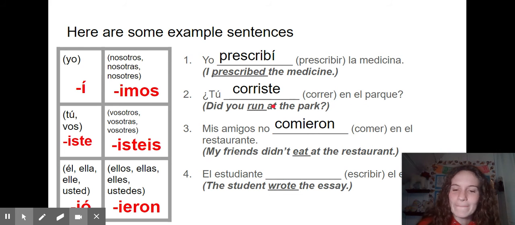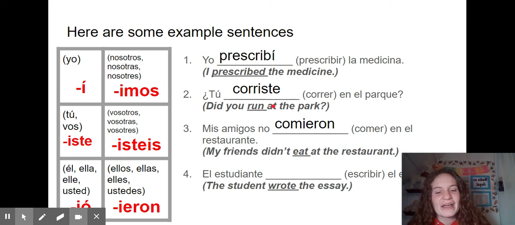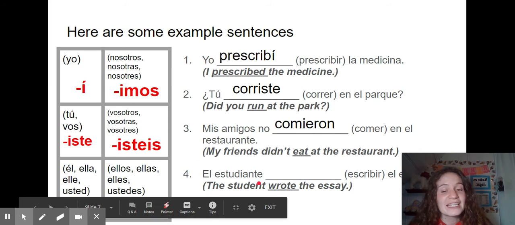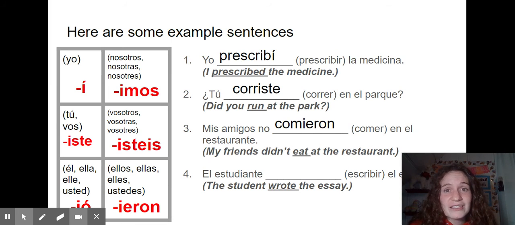And last one, number four, we have the subject, el estudiante. So that's the student. The student wrote the essay. Now, if the subject is the student, that means I'm going to use él, ella form because the student has to be he, she, or they. It's just one person that I'm talking about. It's singular.